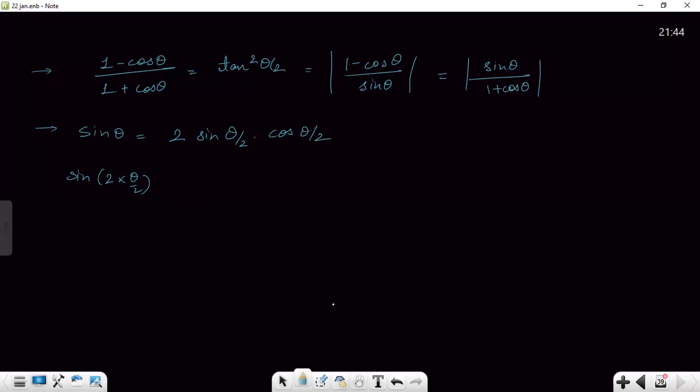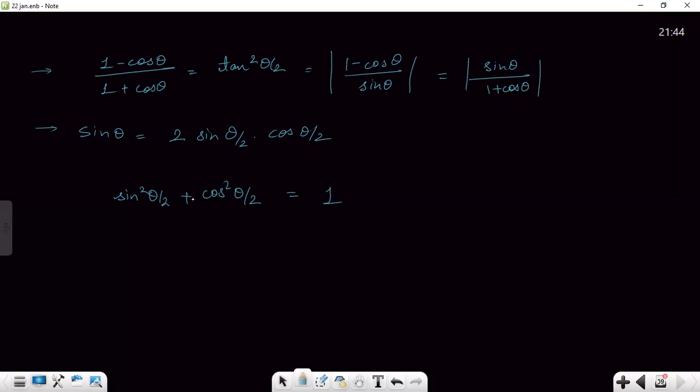Great. Now, if somewhere it is given to you sine square theta by 2 plus cos square theta by 2, come on, tell me, what is sine square theta plus cos square theta? It is 1. Similarly, sine square theta by 2 plus cos square theta by 2 will also be 1.